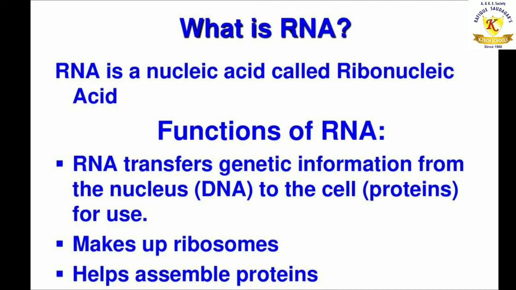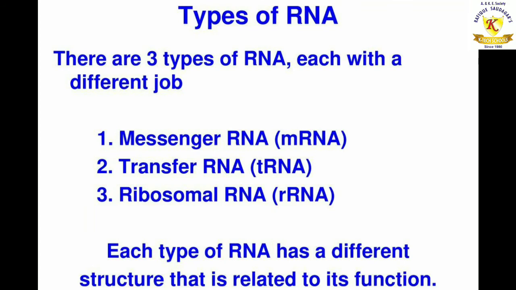Good. Now the types of RNA. There are 3 types of RNA, each with a different job. Messenger RNA, that is mRNA, transfer RNA, that is tRNA, ribosomal RNA, that is rRNA. Each type of RNA has a different structure that is related to its function.